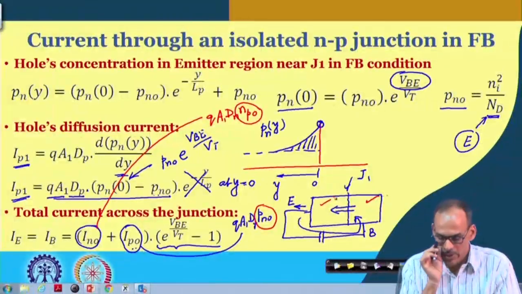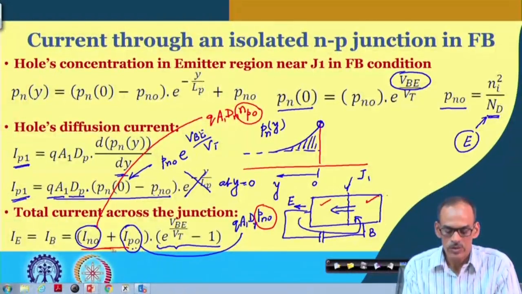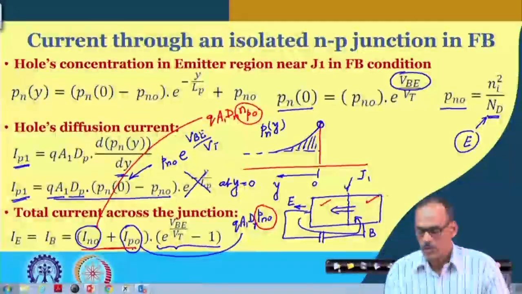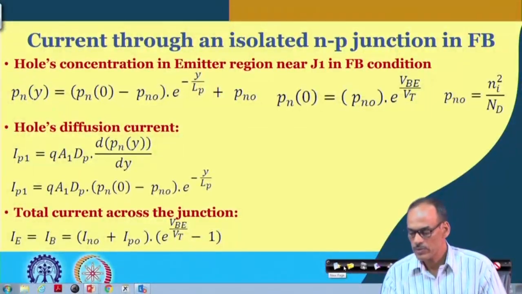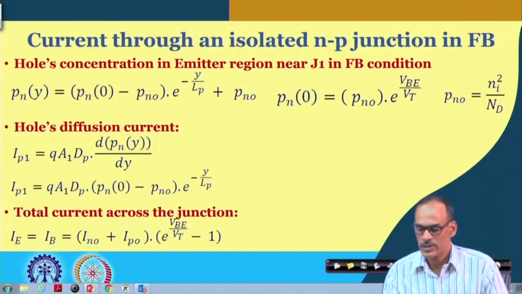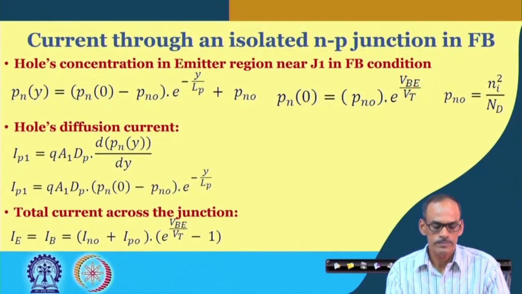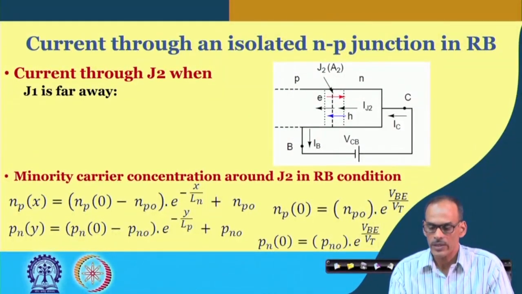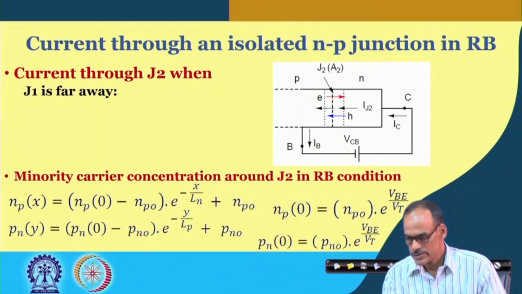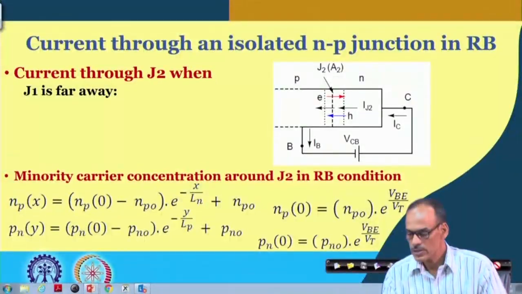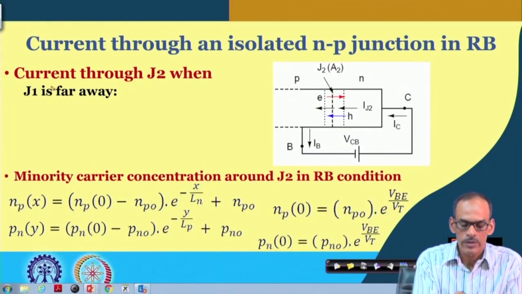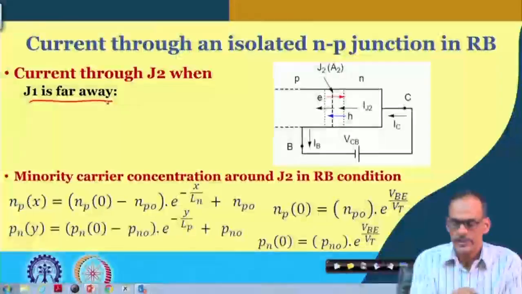But if they are remaining constant, we may fairly say that this part is remaining constant. Now, similar kinds of things will be obtained for the reverse bias condition. So, if I consider the other junction, namely junction 2, and say that this junction is reverse biased, then we will get a similar kind of expression, assuming that J 1 is far away.